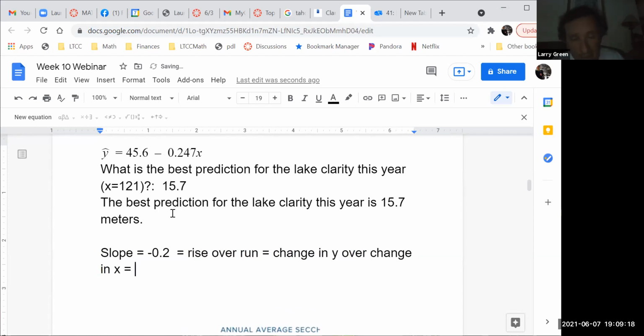Y is the year. X is the year and Y is the clarity. So it's a change in lake clarity over the change in year.